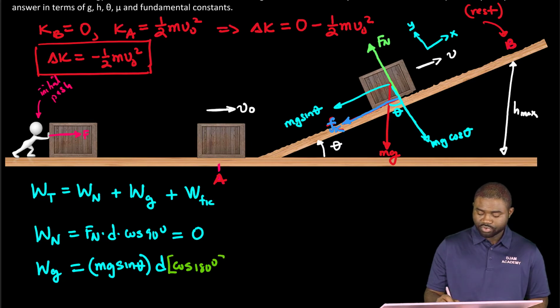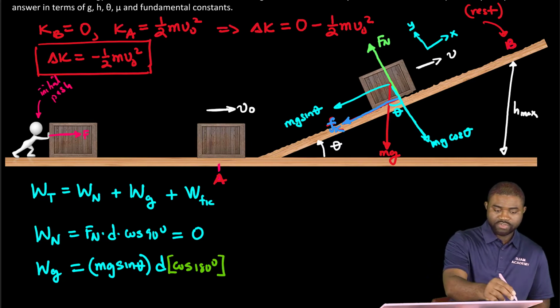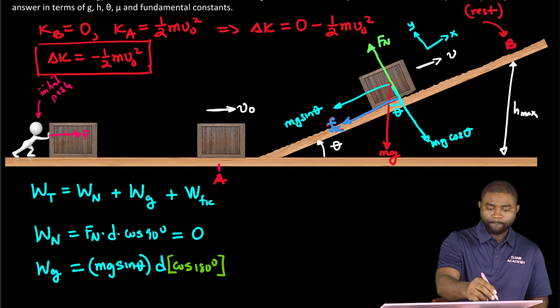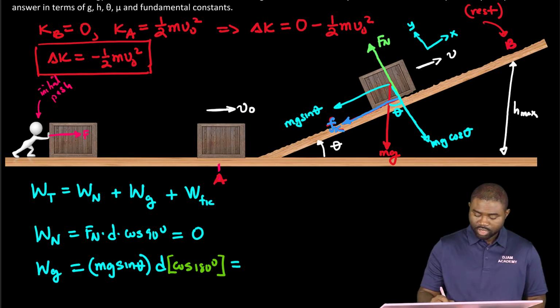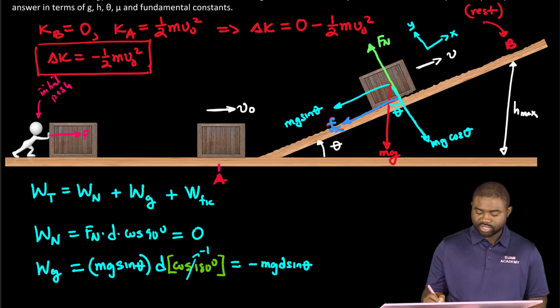This is important. Most students might miss this. The cosine of 180 degrees is just -1. So this is just going to be equal to negative mgd sine theta.